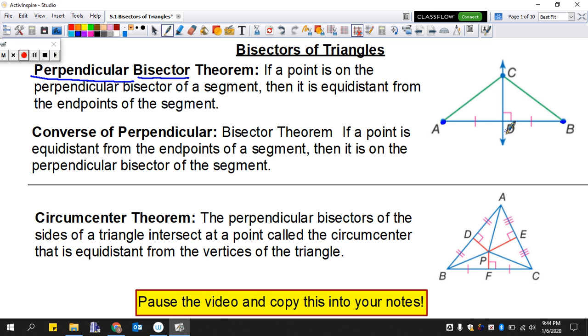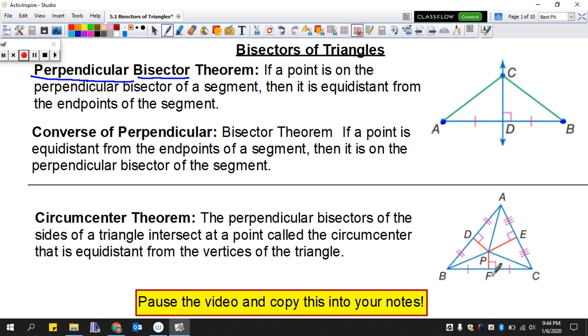then the line that it lies on has to be a perpendicular bisector. Since we're in a triangle, we have three different sides, so we're going to have three different perpendicular bisectors. You can see here you have a perpendicular bisector right here, one right here, and one down here.